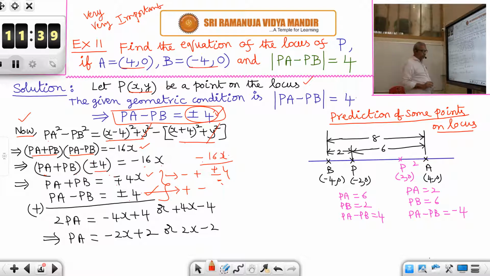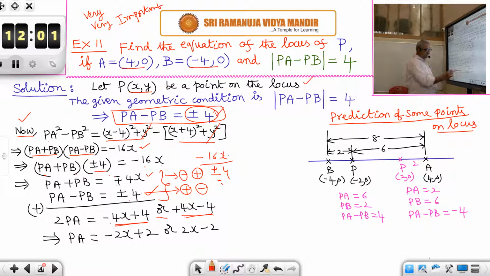Left hand side, 2 PA. What is the combination? Here minus sign, here plus sign. So, minus 4x plus 4. Or the other combination is here plus sign, here minus sign. So, plus 4x minus 4. So, this is very, very important. Either you get this or this.